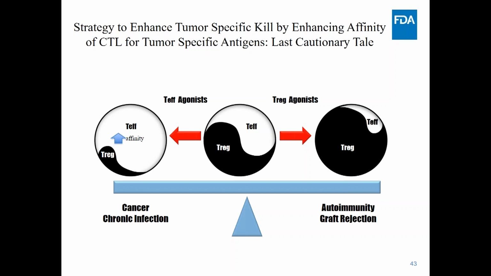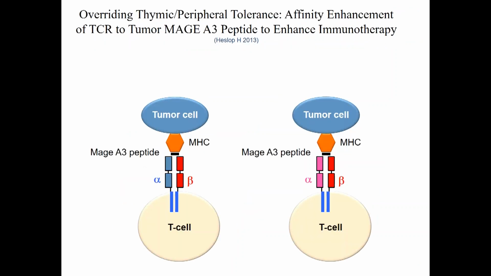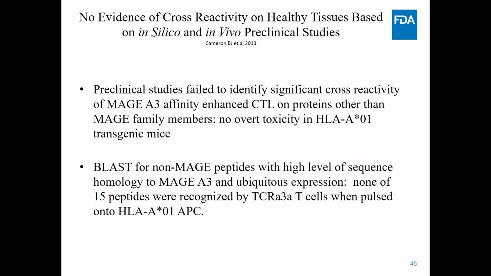So a very reasonable approach is to affinity enhance by manipulating the alpha and beta chains of the T cell receptor to the MAGE A3 peptide in the context of HLA. And so this was done, an affinity enhanced T cell receptor was generated, and all of the right studies were done at this point in time.